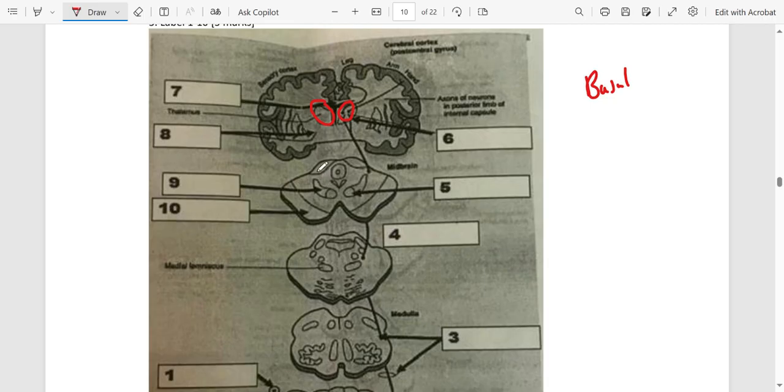And then number 8, where is 8 pointing? I don't know if he's pointing here. So if he's pointing at that point, that is where the fibers that go up, like that white area, we call it the internal capsule. This white area here, that's the internal capsule where the fibers will be passing through as they get to descend, going downwards.